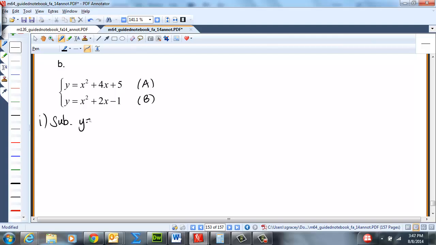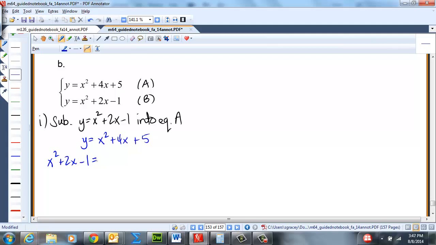I guess we'll do y equals x squared plus 2x minus 1 into equation A. So we'll have equation A is y equals x squared plus 4x plus 5. And for y, we're going to put x squared plus 2x minus 1 and set it equal to this. So this is what y was equal to.